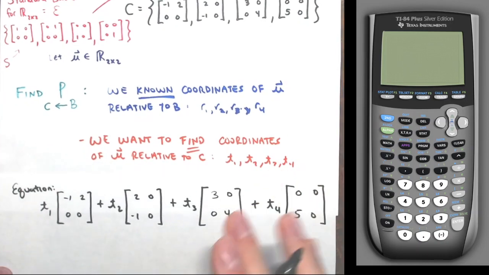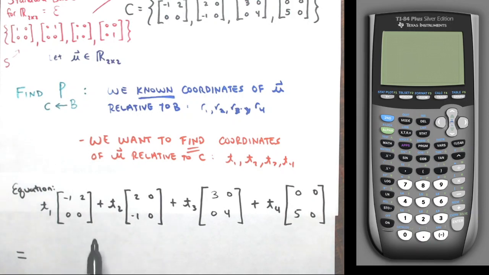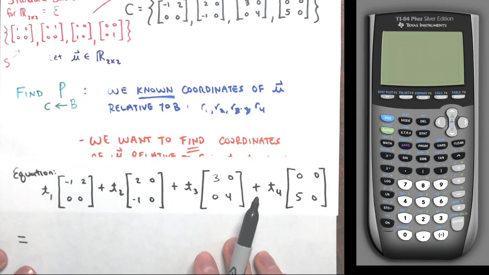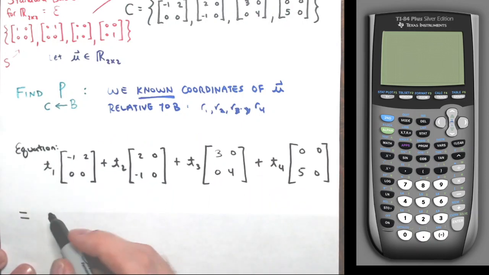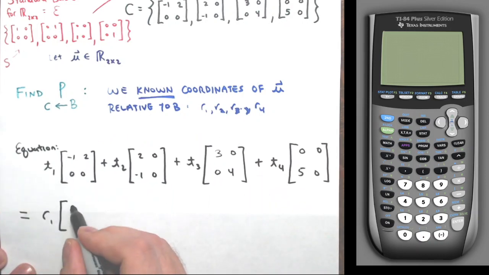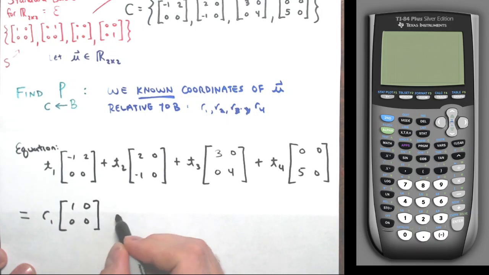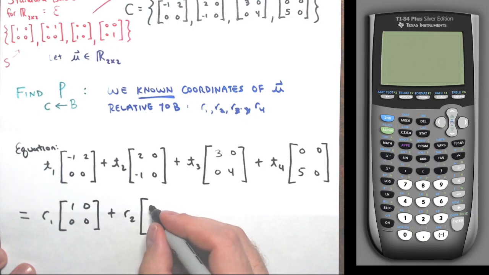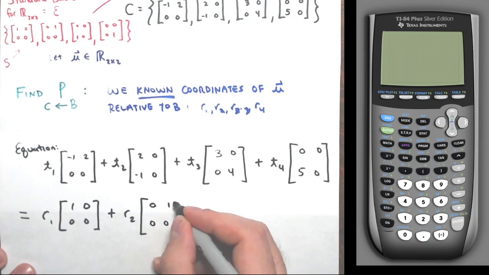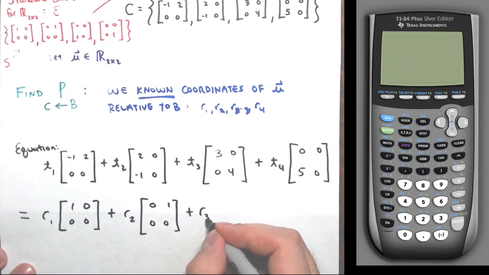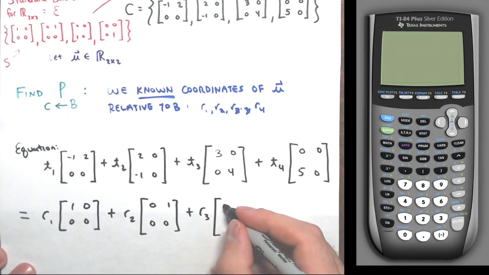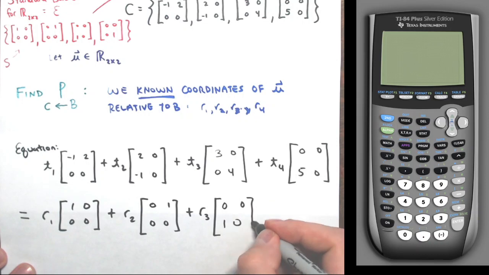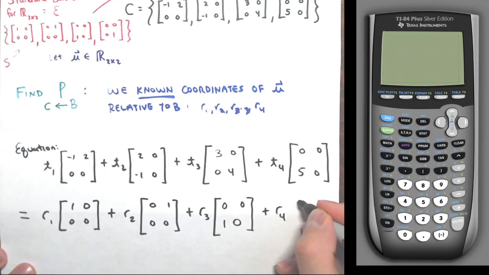And this should be equal to, because this represents U with respect to the standard basis, R1 times 1, 0, 0, 0, plus R2 times 0, 1, 0, 0, plus R3 times 0, 0, 1, 0, plus R4 times 0, 0, 0, 1.